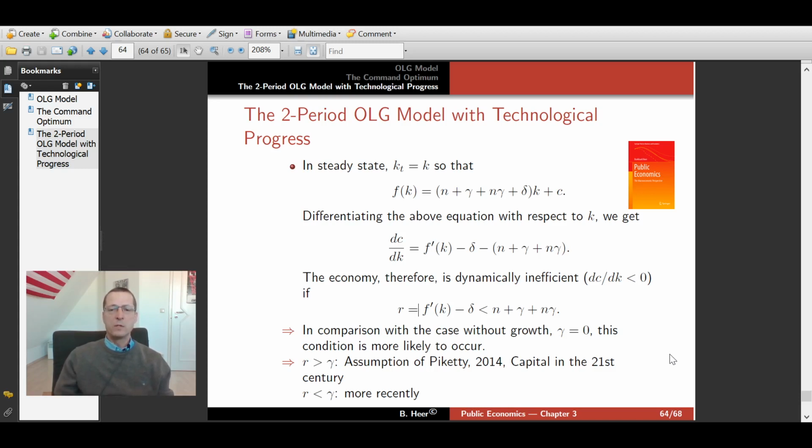So when we consider policy experiments in chapters 6 and 7 on pension policies and on debt, we make sure that our economy is dynamically efficient and make sure that a change in the policy that also affects savings and hence the capital stock is not beneficial by itself just because we have a dynamically inefficient economy.